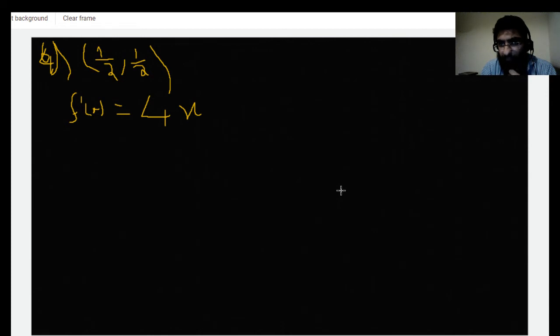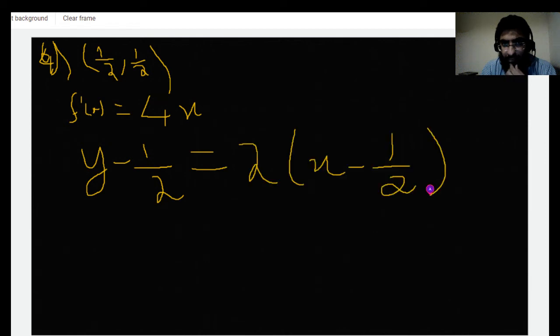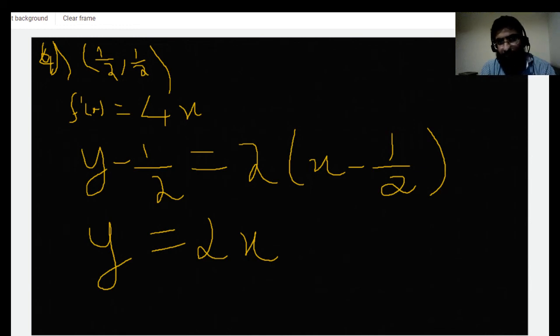So y minus half is equal to 2 times x minus 1 by 2, which gives me y is equal to 2x minus 1 by 2 into minus 1 by 2 gives me minus 1, minus 1 plus half gives me minus half.